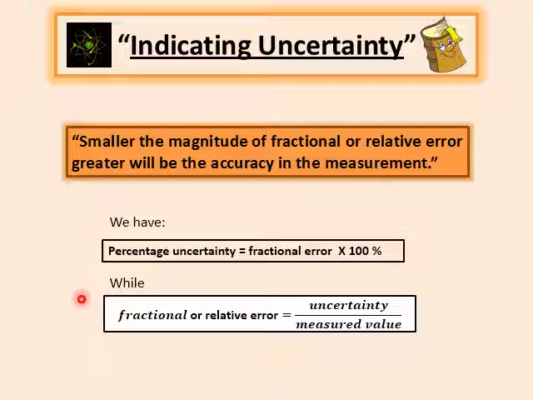We are going to discuss the basic parameters to indicate the uncertainty in measured values, but you must know these two basic formulas for the numerical examples of this topic.